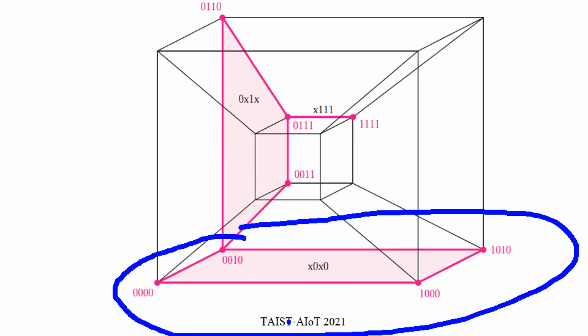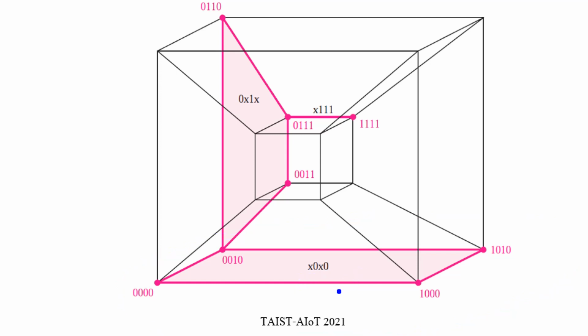This plane covers these 4 vertices where the second and fourth variables are 0 0, and the first and third variables can be 0 0, 0 1, 1 0, and 1 1.